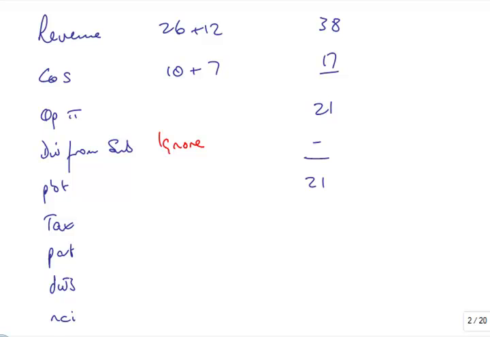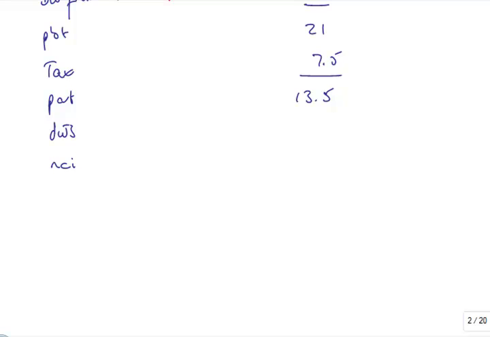What's the tax figure? $7.5. Profit after tax, 13.5. Dividend. H only.